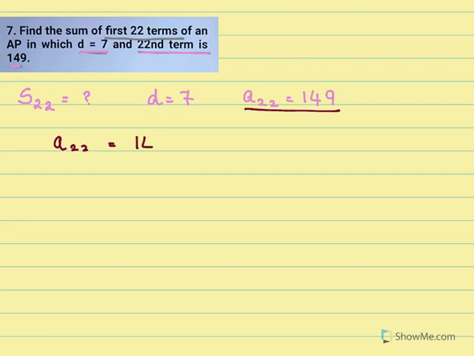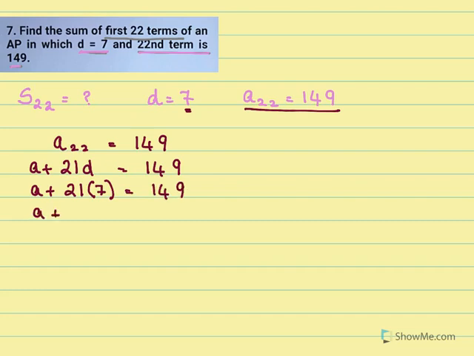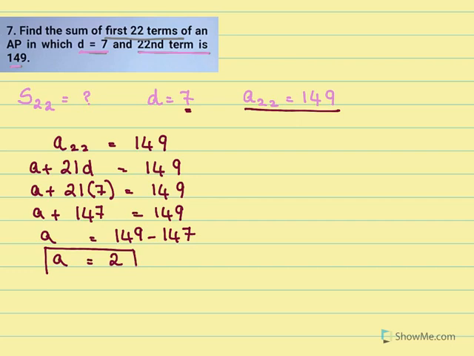Now the 22nd term you know is A plus (n minus 1) d, that is 21d equal to 149. We put the values that we know. We don't know A. 21, we know D as 7 equal to 149. So A plus this becomes 147 equal to 149 and your A will be 149 minus 147. So A equal to 2.